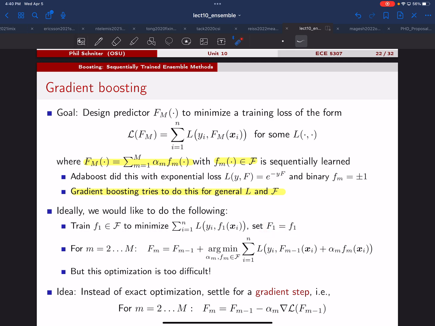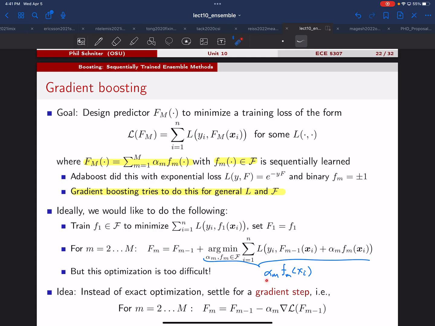At our next stage, let's say F2 is going to be this F1 we just designed, plus alpha_m times little f_m of x_i.